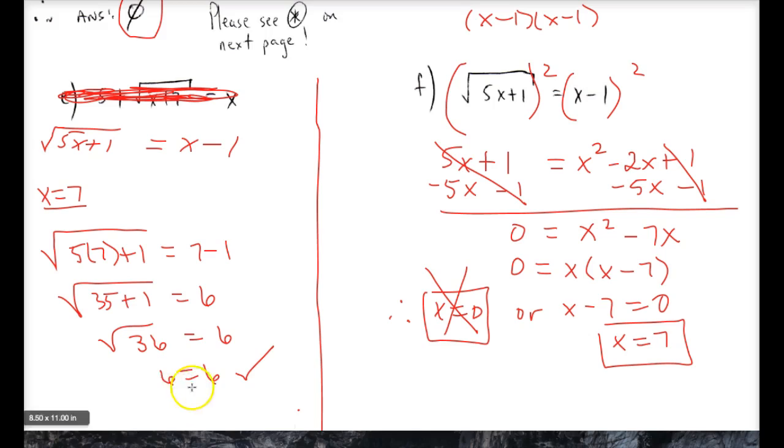Well, we see that both sides are equal, so therefore x equals 7 is our actual valid solution. And so again, I could draw the graphs of square root of 5x plus 1 and the graph of y equals x minus 1 and show you that the only place where those two graphs intersect would be at x equals 7. Okay. All right, so we'll go ahead and move on to some different examples now.